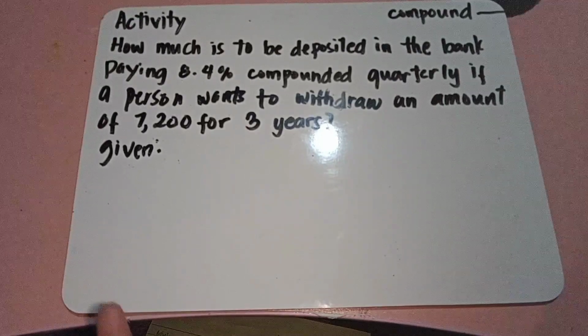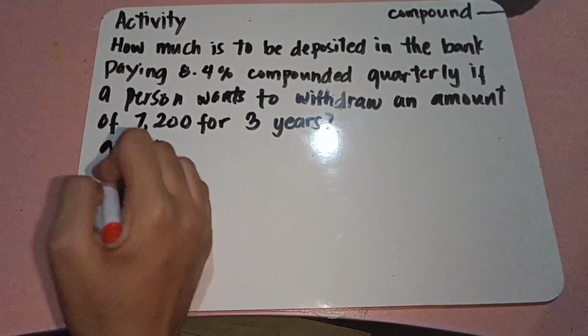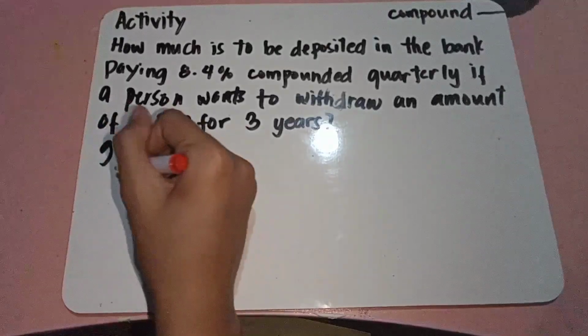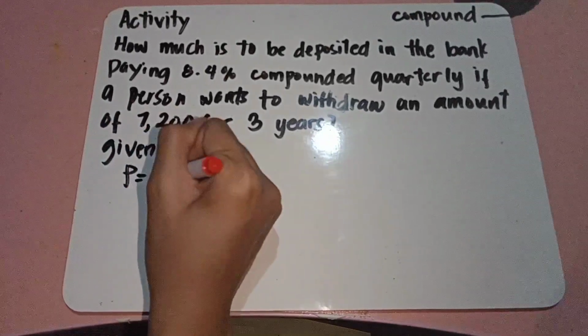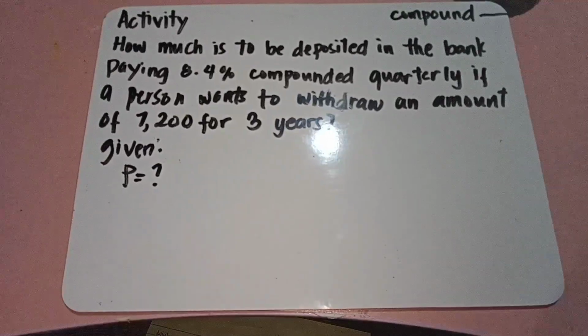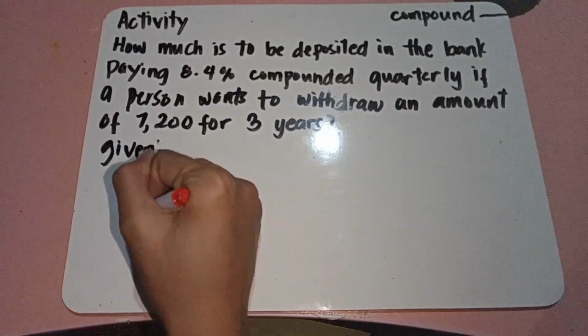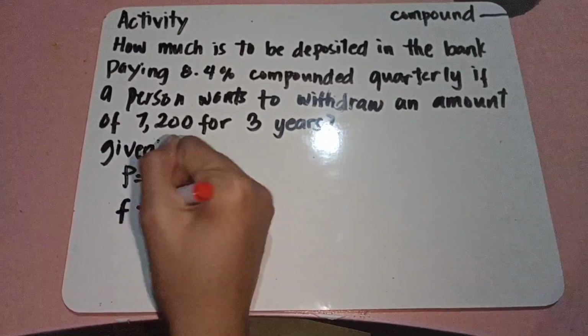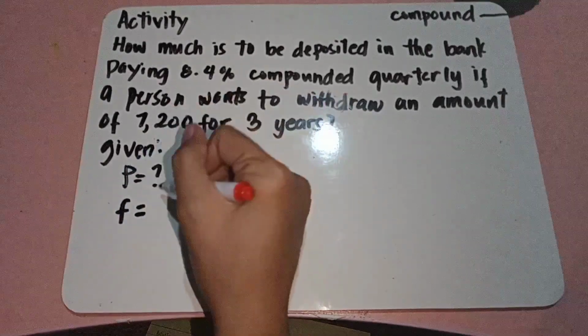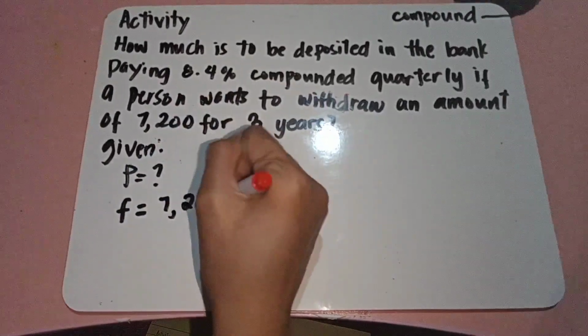So let's try to solve. So here are the givens. The principal is missing, so let's put a question mark. Future value is equals to 7,200.